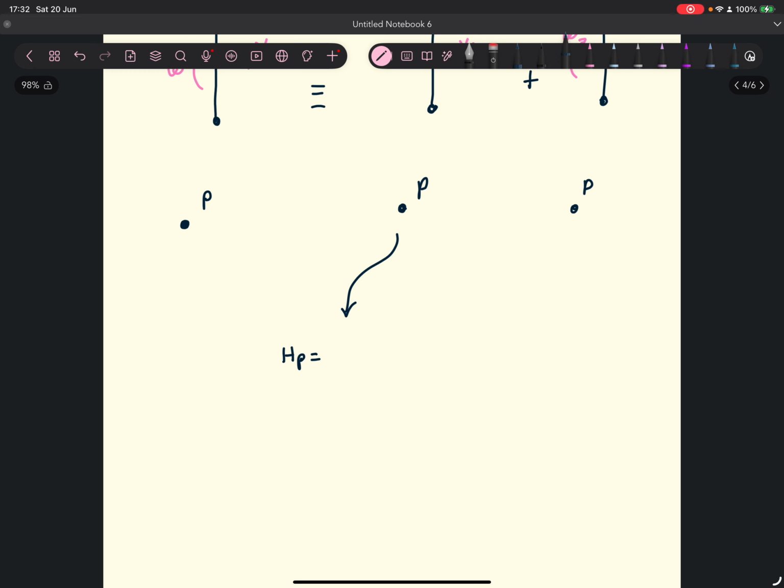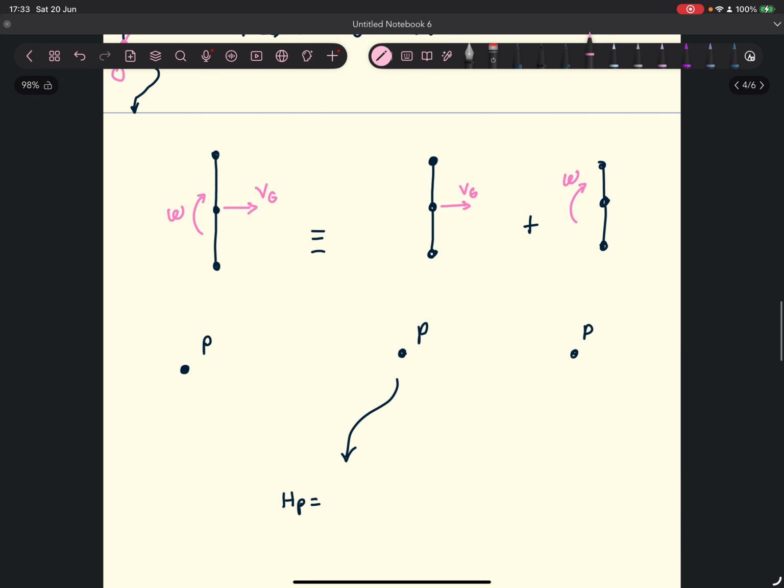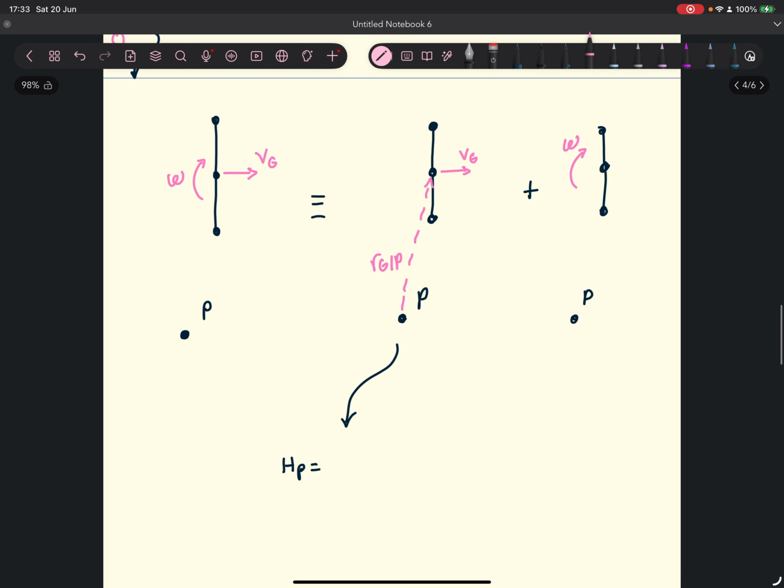So we're going to have R G relative to P, and that R G relative to P is basically this vector over here, crossed with M total times v G.